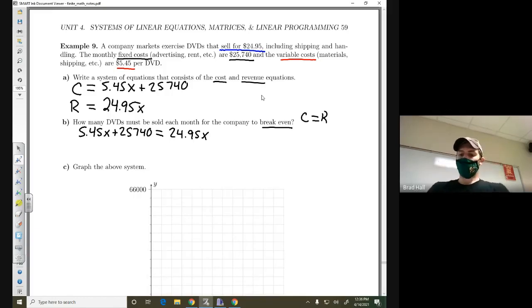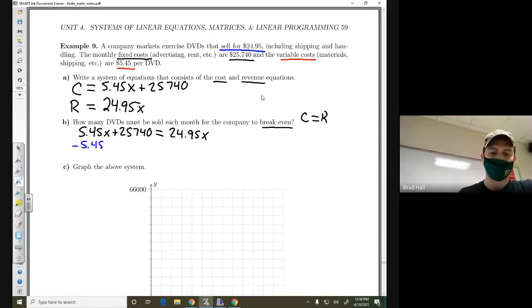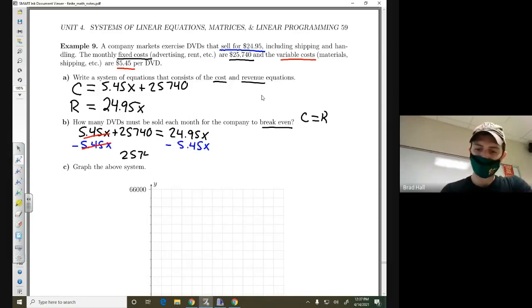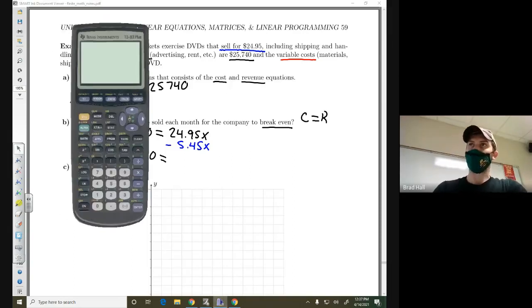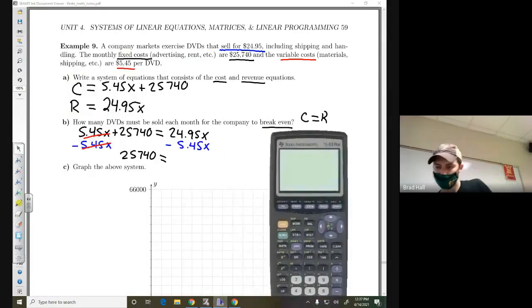And so really it's just a matter of combining like terms. You can subtract 5.45x on both sides to get those two next to each other. And so we can go ahead and make that calculation right fast.